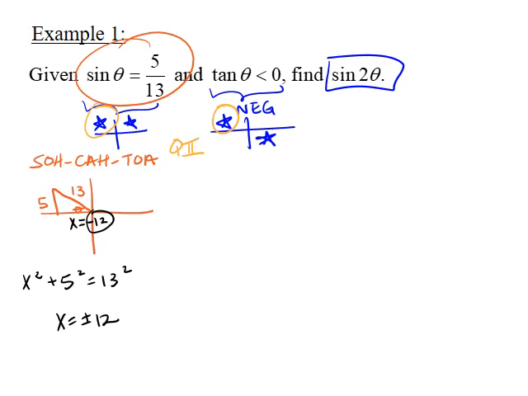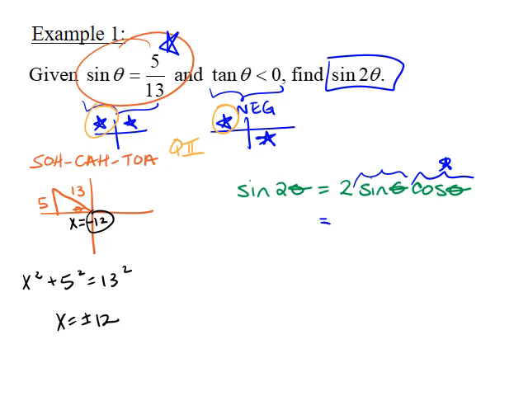Now, the reason we had to do all of this is because the formula for sine of 2 theta is 2 times sine of theta times cosine of theta. And we were only given sine of theta in our problem. So we had to use that information to find our triangle so that we could find any of the 6 trig functions, including cosine of theta.